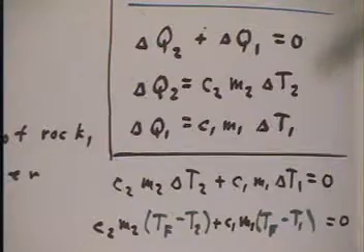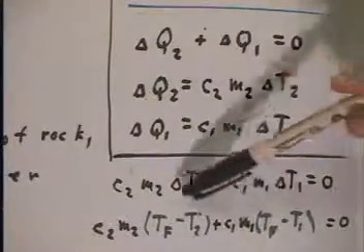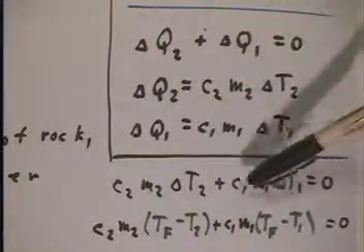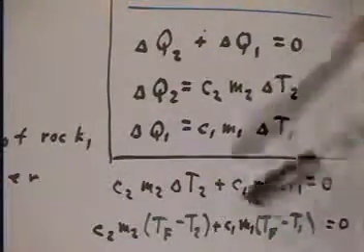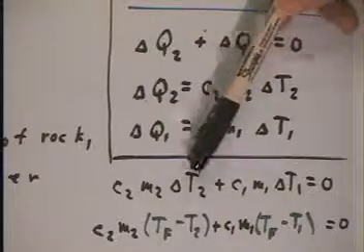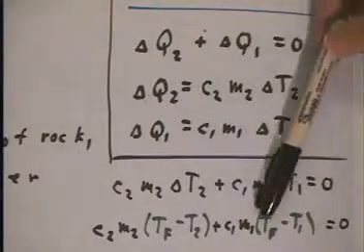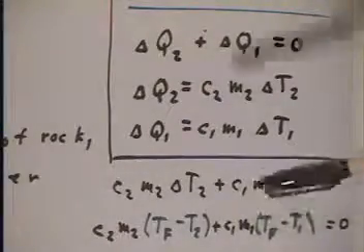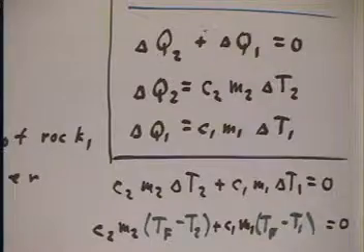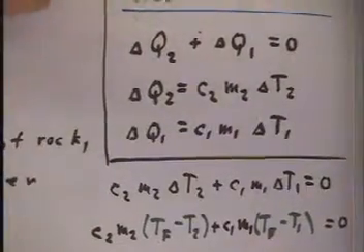So that we have C2 M2 delta T2 plus C1 M1 delta T1 equals 0. Delta T2 is TF minus T2, delta T1 is TF minus T1. So here's our conservation of energy equation for the situation where we put the rock or the steel washer or whatever it is into the water.